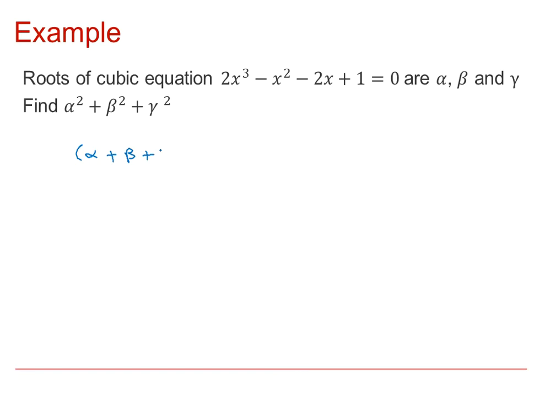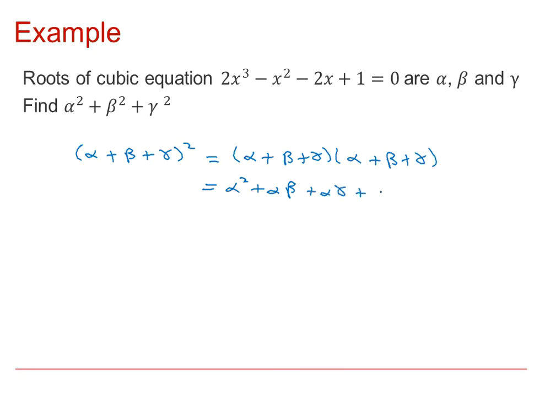If we look at alpha plus beta plus gamma all squared, so that's alpha plus beta plus gamma times another alpha plus beta plus gamma, and we start expanding the brackets, we're going to get alpha squared plus alpha beta plus alpha gamma.